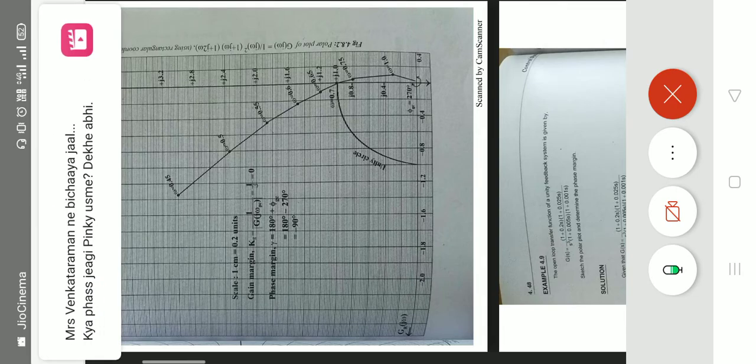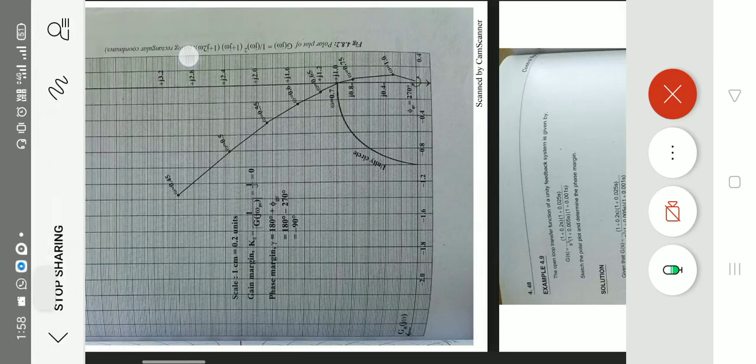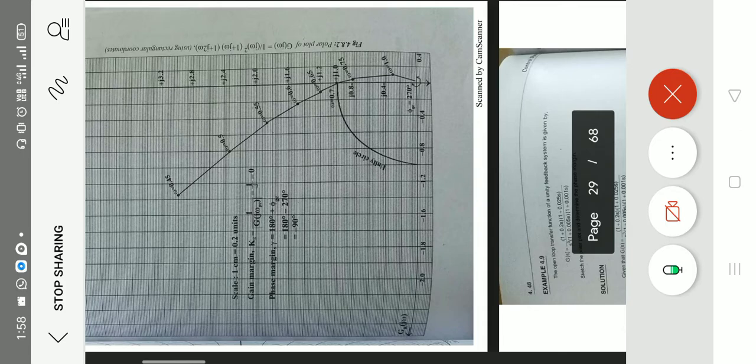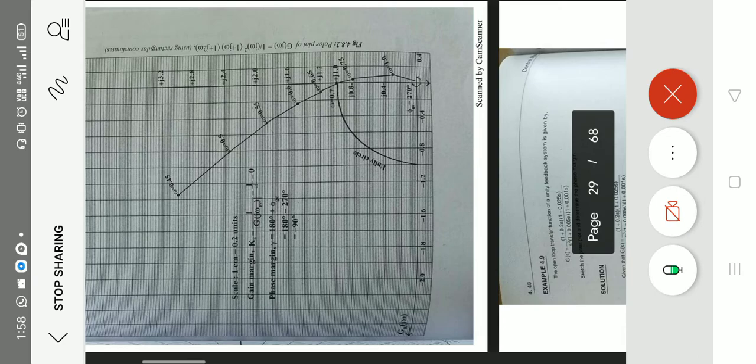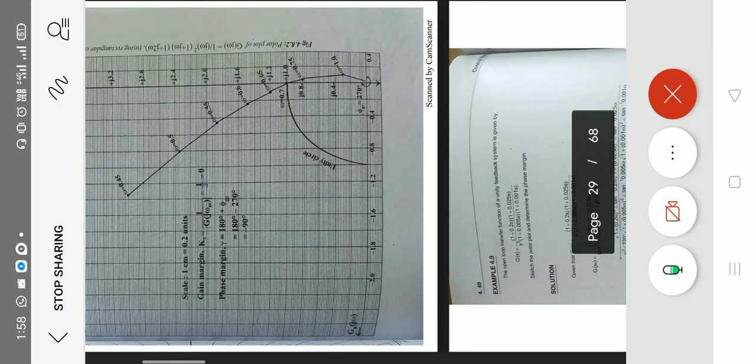Take the real as the x-axis and imaginary as the y-axis. Then plot all the points and draw the polar plot. In this polar plot, one more thing: we can draw the unit circle to the x-axis and y-axis. One unit circle you can draw.